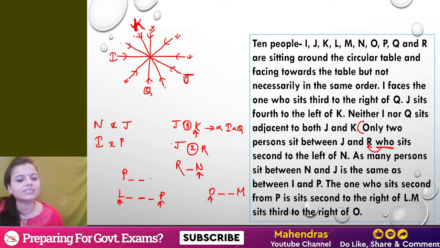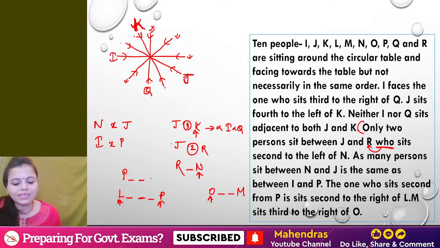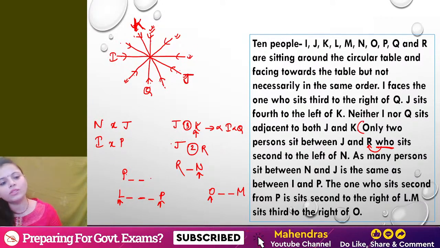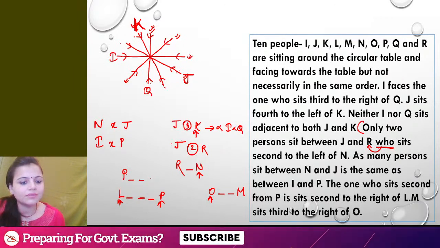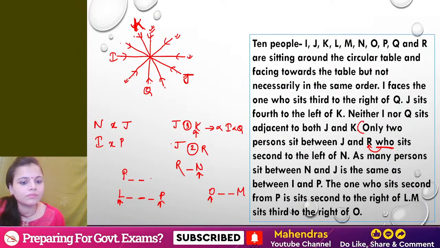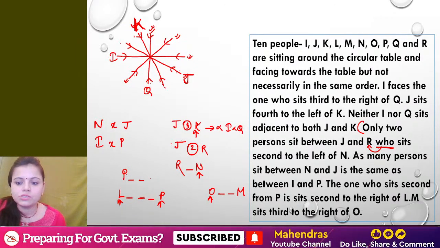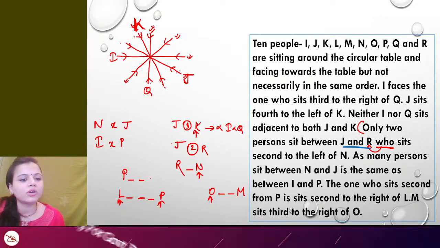Now we can start with N, because we are getting the positions for N. So let's start. You can check both the positions for N on the same diagram. There are two persons now between N and J. Only two persons sit between J and R. J is already there.